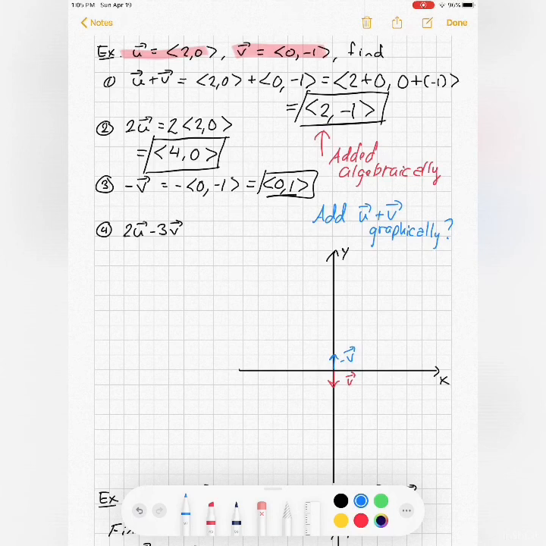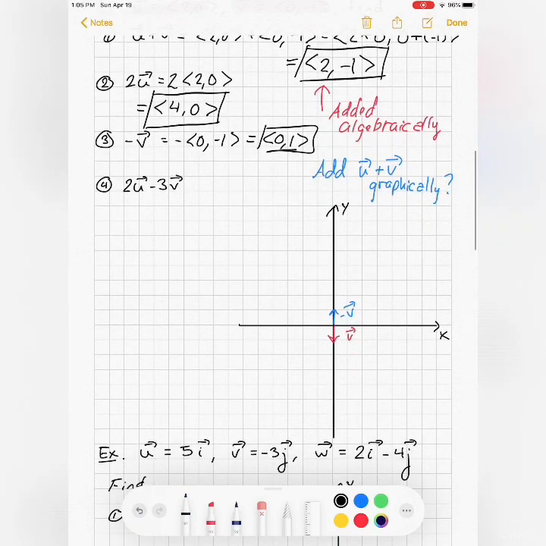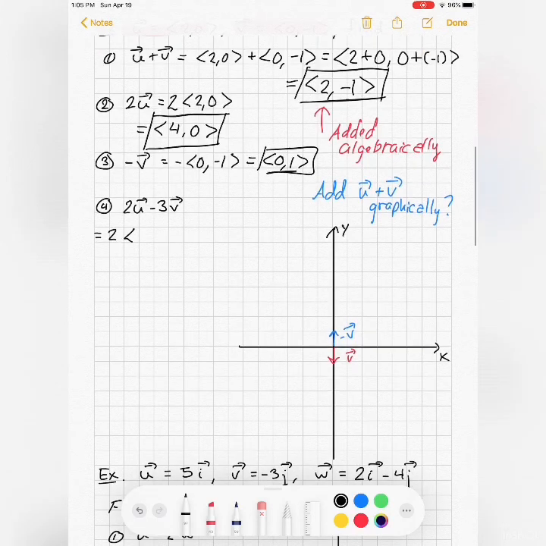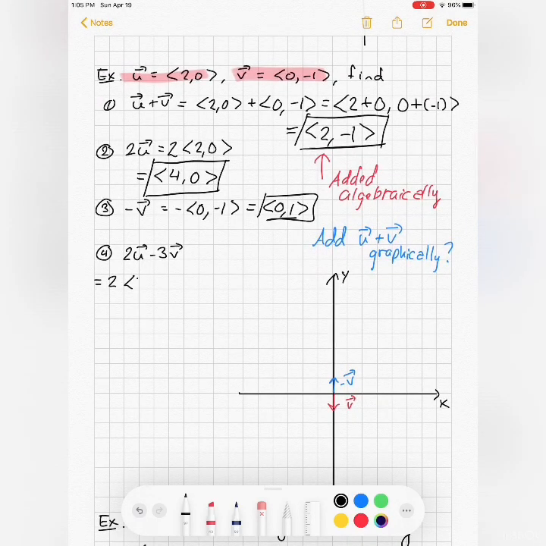Okay, what about a little bit more algebra? Twice the vector u minus 3 times the vector v. Okay, so I'm just going to do this component-wise. So that'd be what? 4, 0 minus, distribute the 3.